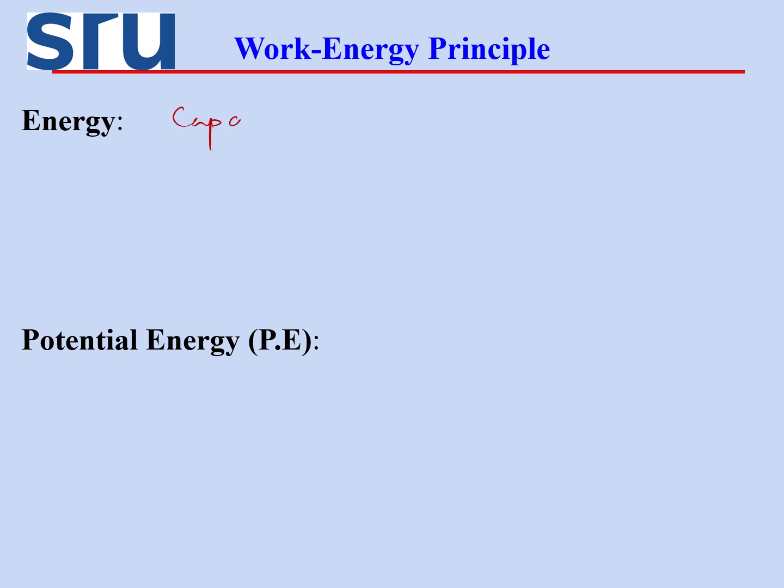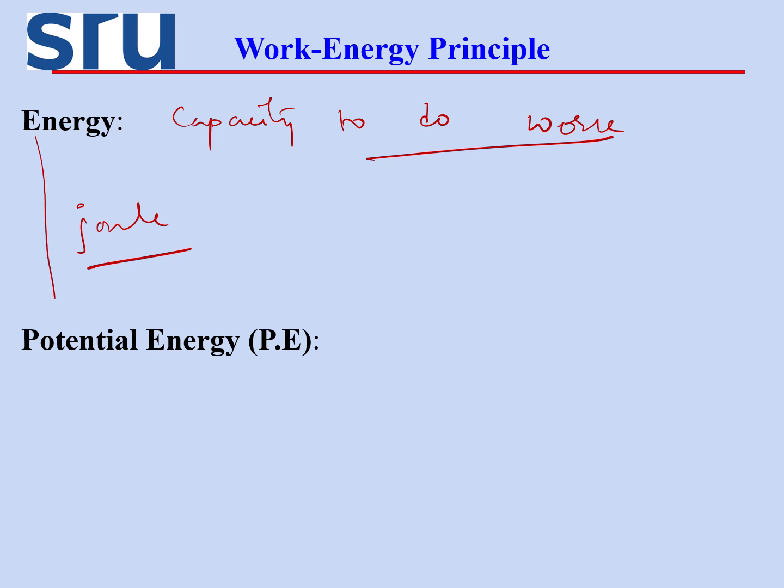We can define this capacity to do work as energy. It is measured in joule units. Now energy appears in many forms. Here we see potential energy and kinetic energy.